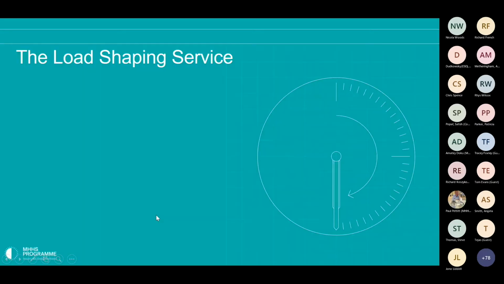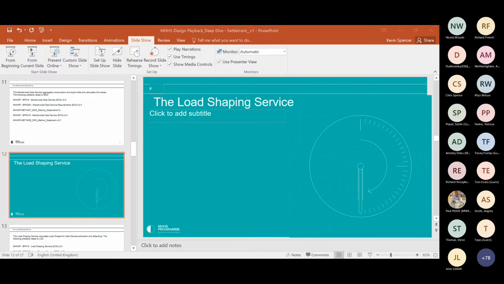I'll just quickly share the business process diagram for that.